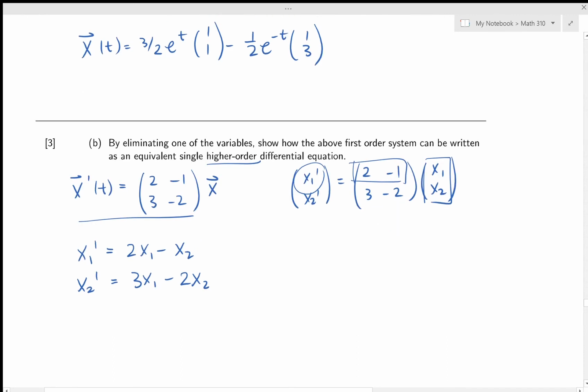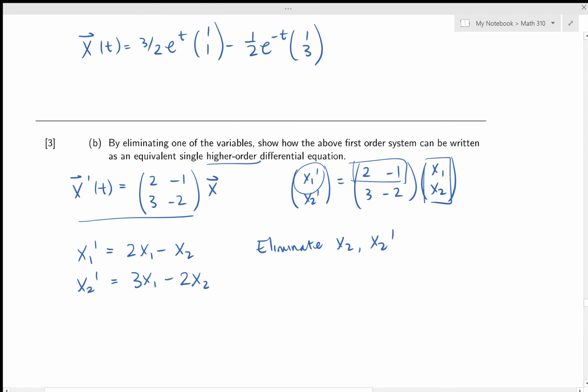Now what I have to do is eliminate either x1 or x2. I'm going to eliminate x2, so I'll get a differential equation in terms of x1 double prime. My idea is to eliminate x2 and x2 prime, and then I'll only be left with x1s.